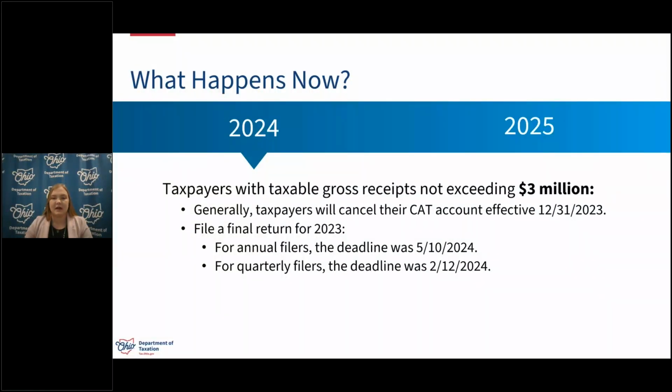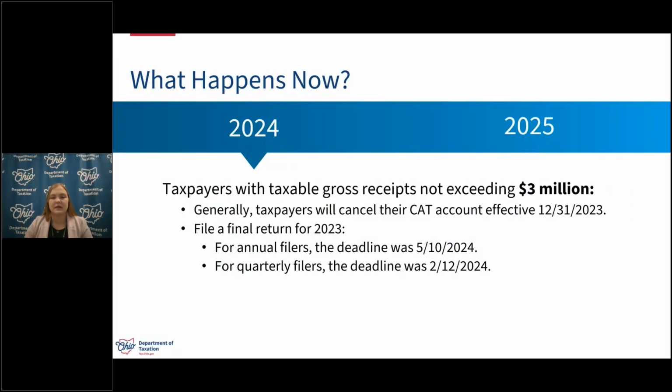So what happens now? There are updates that have been made to our website at tax.ohio.gov, which we will go over in a minute. But as previously mentioned, you can cancel your CAT account by using the checkbox on the final return. If you cancel using the checkbox, you do not need to complete the CAT cancel transaction on the Gateway since your account has already been canceled.